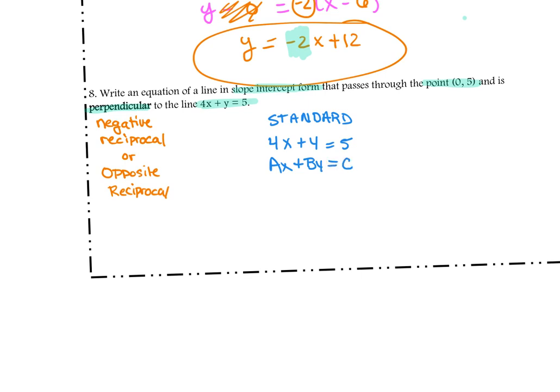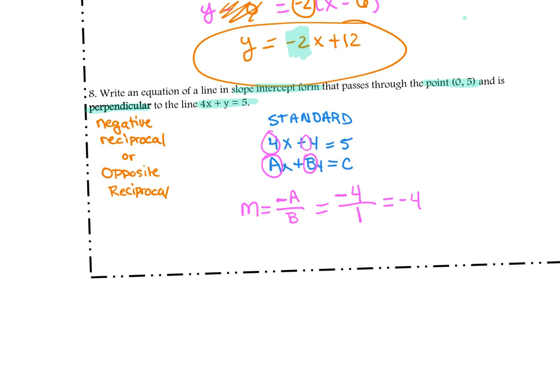So in order to find the slope from a standard equation without having to solve for y, all you have to think of is that your slope is going to equal negative a over b. So I need to look at my a. My a is going to be a 4. So I'm going to keep this negative sign, put my 4, and then my b here, there's nothing there, but when nothing's there, we assume it's a 1. So therefore, my slope will be negative 4.